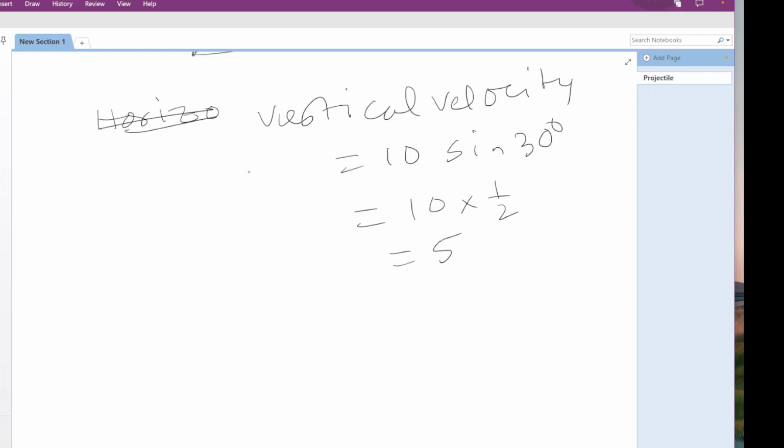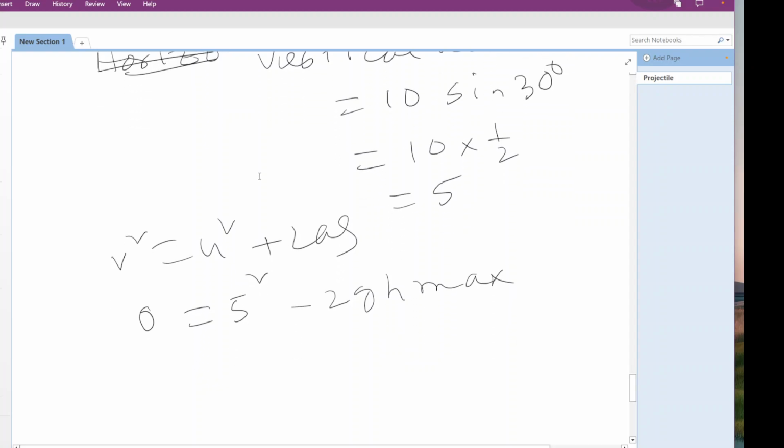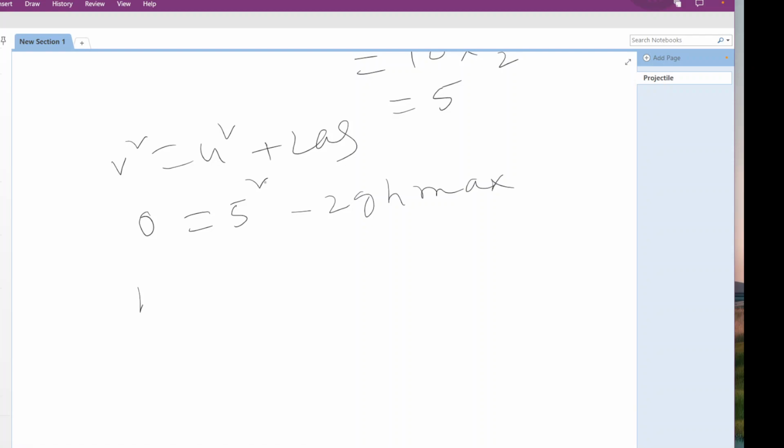Applying the equation of motion, v square equals u square plus 2as. The final velocity is 0 at maximum height, so 0 equals 5 square minus 2g s max, and it follows s max equals 5 square by 2g.